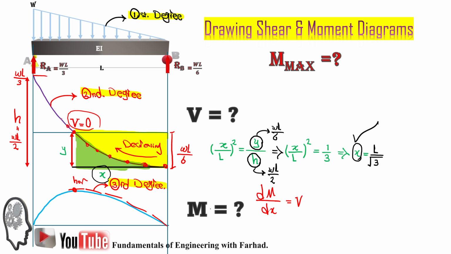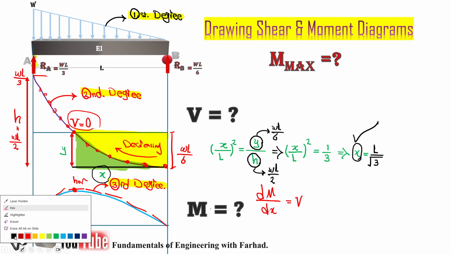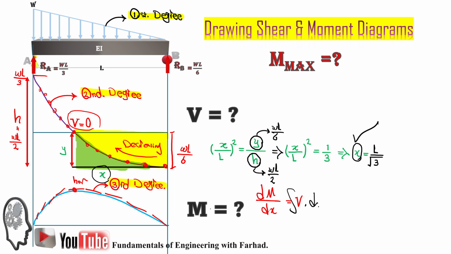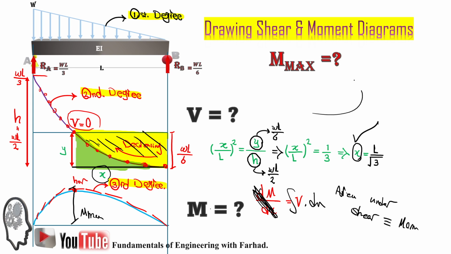And then the absolute value is increasing. So the slope turns and increases in the moment diagram. And also, if dm over dx is equal to v, you can go vice versa. The integration of v dx is equal to moment. That says the area under shear is equal to the amount of moment. So the area under this part is simply the amount of M maximum which we are looking for.